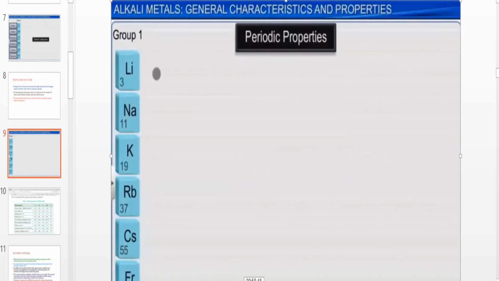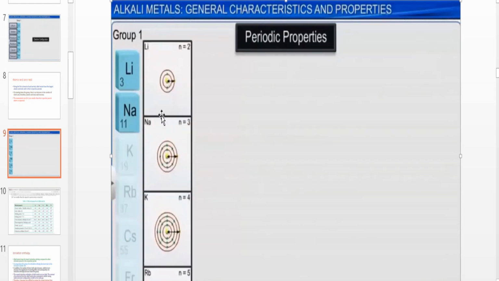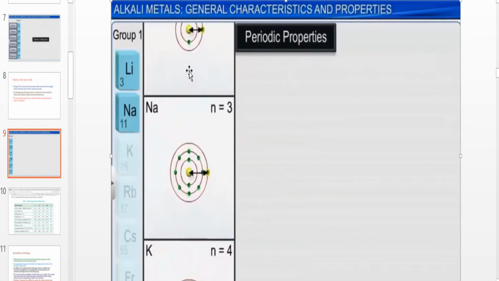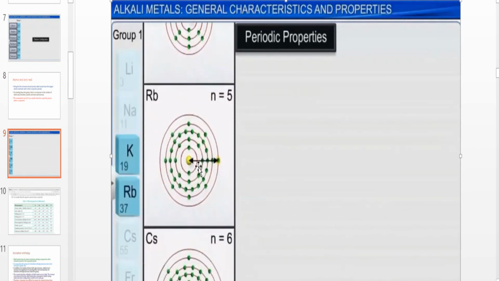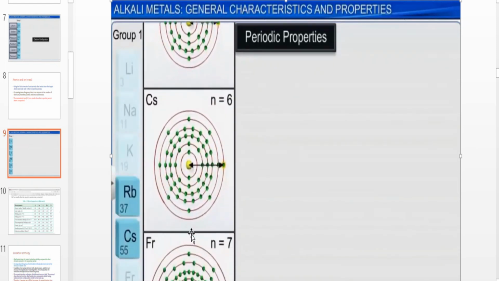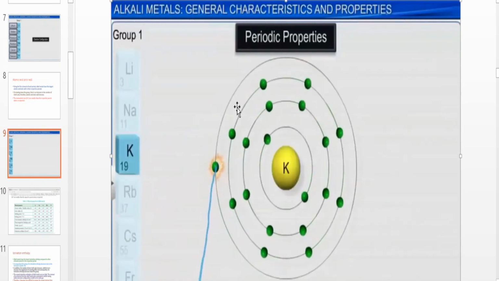Regarding the atomic size, as we go down the group, the atomic size gradually increases because the number of shells increases. For the first group, there is one shell, for the second group there are 2 shells, 3 shells, 4 shells. Because of the addition of extra shells, the size of an atom increases.